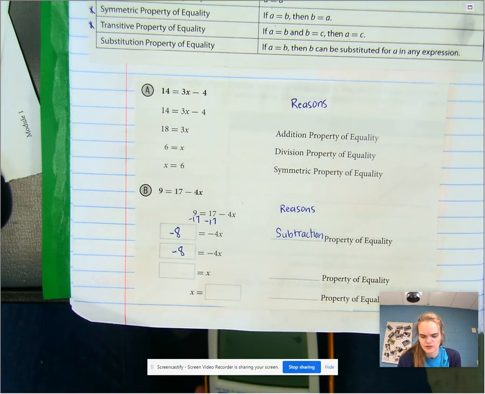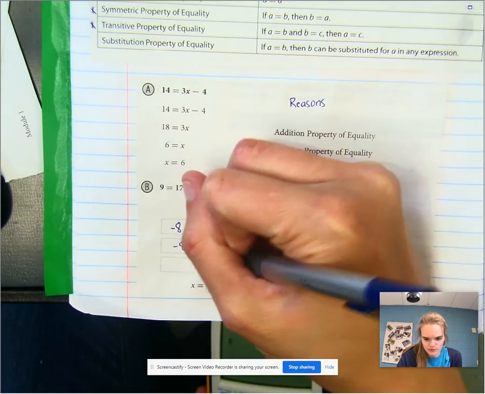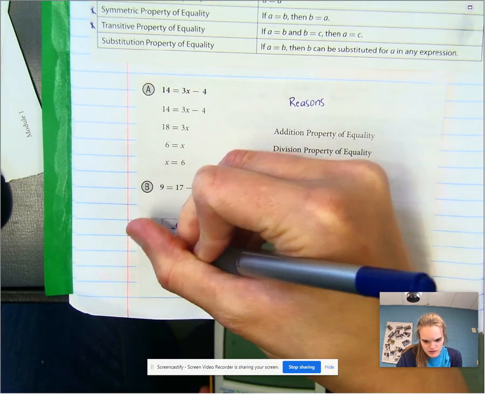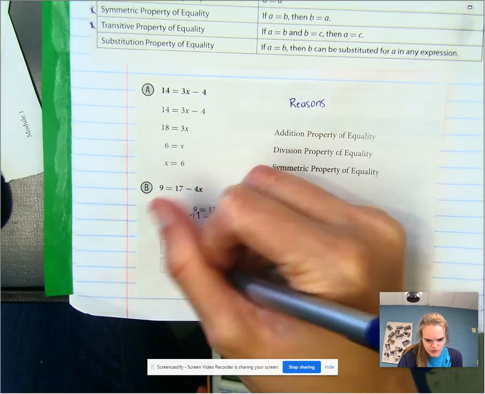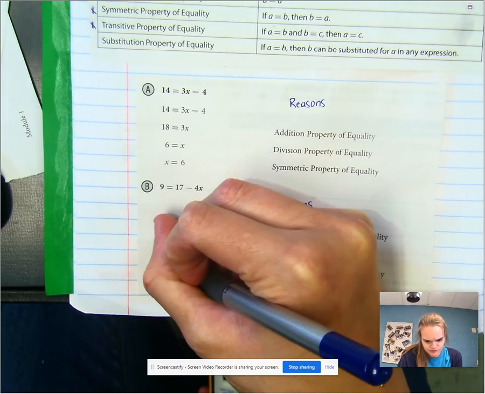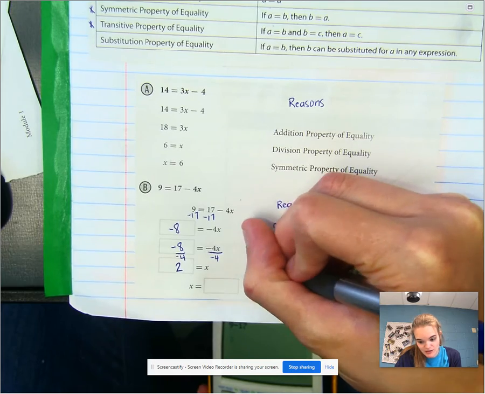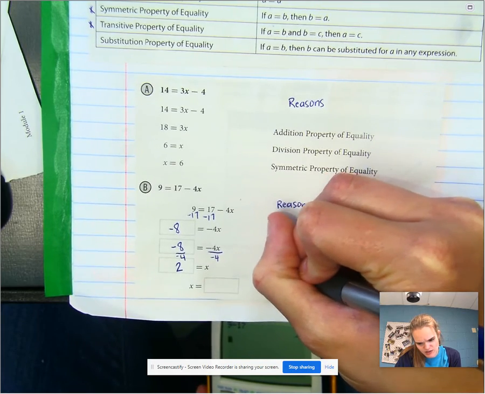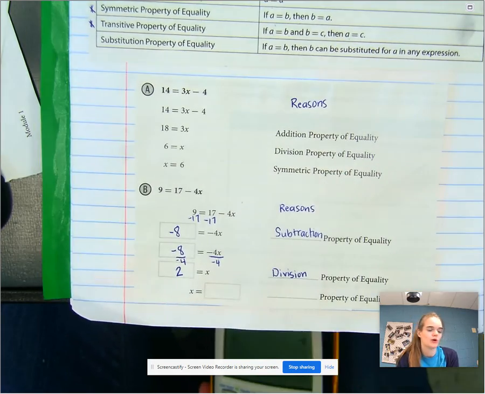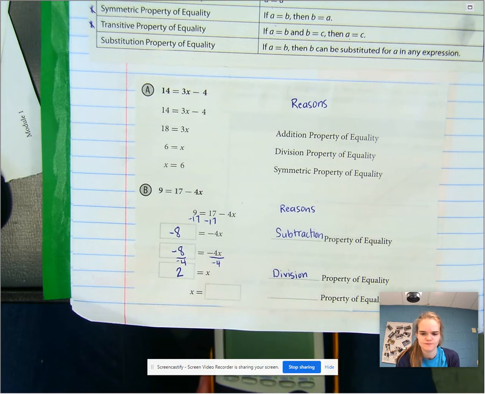Okay. Next. What will we continue to do to solve this equation? Well, we would divide. And get 2. So since we divided, our reason is division property of equality. Okay.